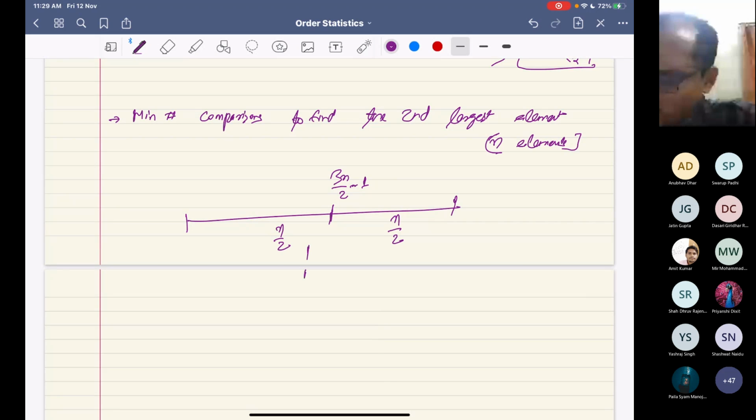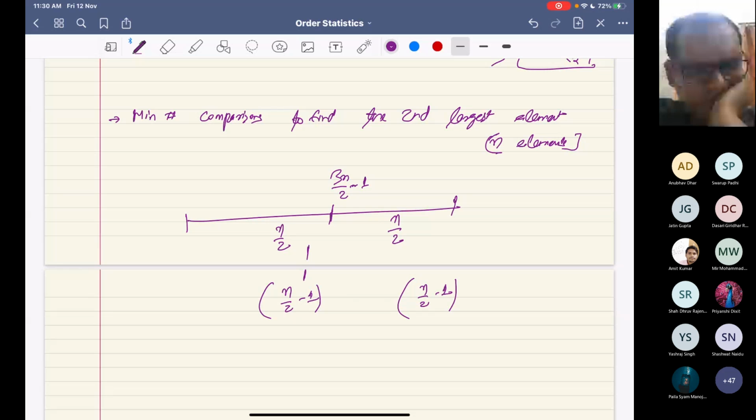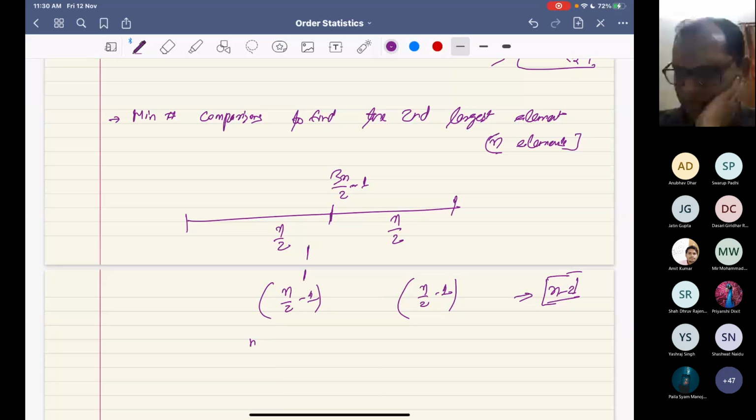Then in each part you find the maximum, n by 2 minus 1, n by 2 minus 1. So this gives you n minus 2 comparisons. You know the maximum here and the maximum here. Now what is the next thing you will do?